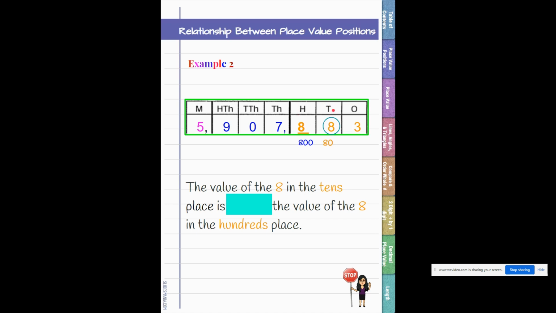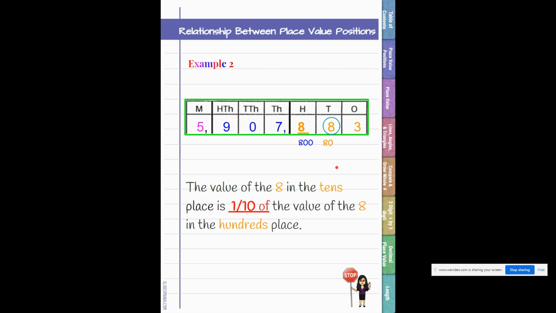The value of the 8 in the tens place is 80. The value of the 8 in the hundreds is 800. So we can see that the 8 in the tens place is 1/10 of the value of the 8 in the hundreds. This is smaller. So when it's smaller, it is 1/10 of.